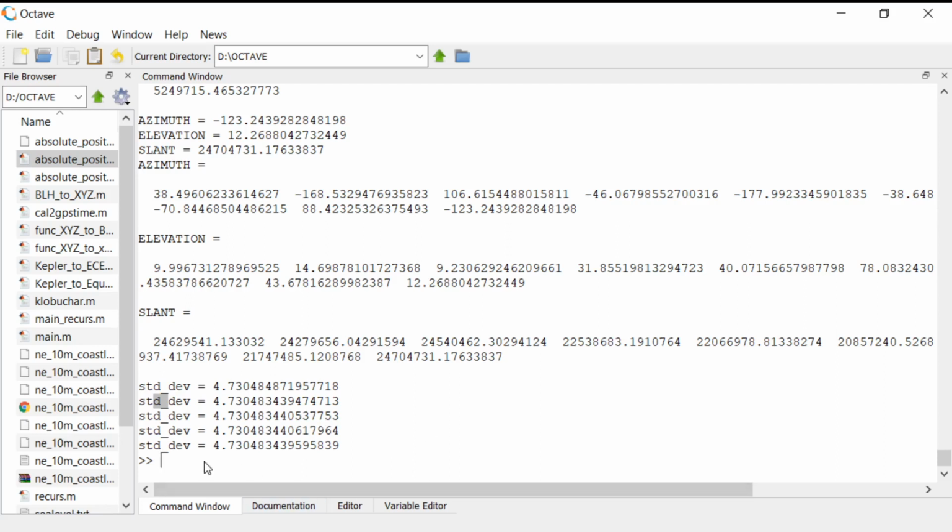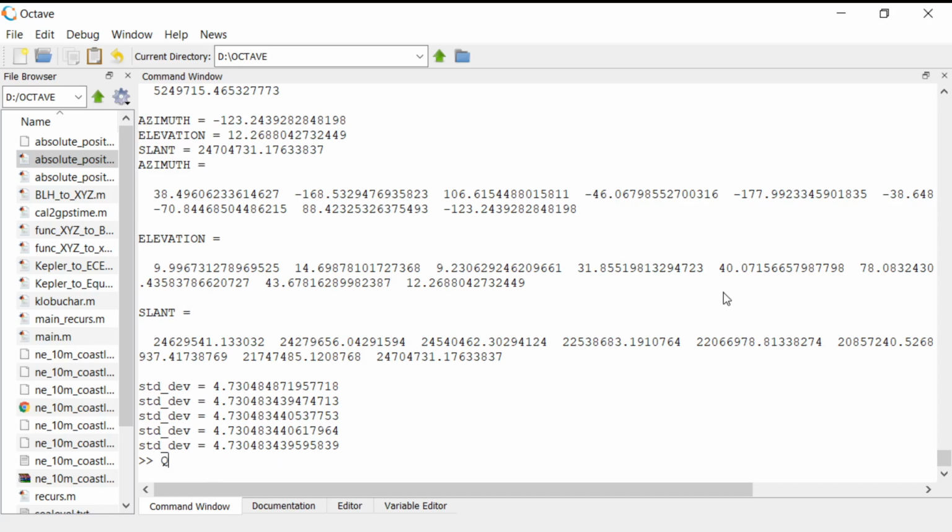Now let's introduce another topic here. What about the accuracy in each component? If we would like to obtain the accuracies in each component, we must multiply this standard deviation with the diagonal of my QXX matrix.